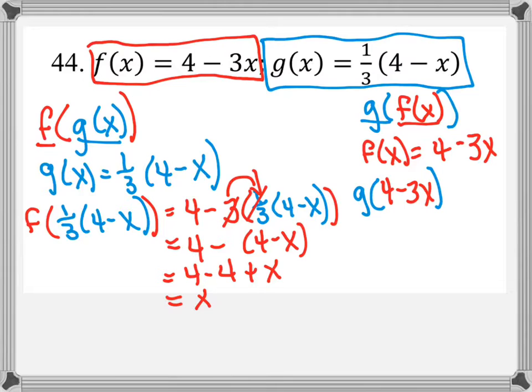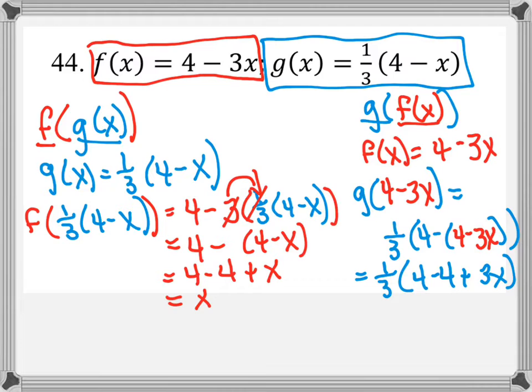So g of 4 minus 3x, or 1/3 parentheses 4 minus parentheses, and I'll feed 4 minus 3x into the innermost parentheses. Now we need to simplify. Let's start on the inside. So 1/3 times 4 minus 4 plus 3x, or 1/3 times 3x, which is x.